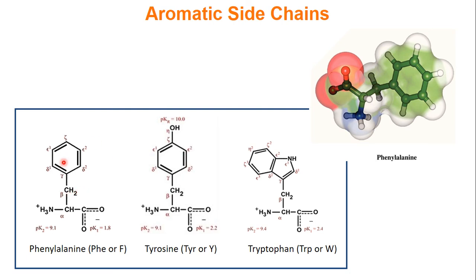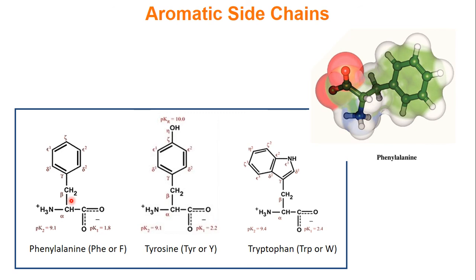We add a phenyl group to alanine, we get phenylalanine. And our one-letter code of F is because of how we pronounce phenylalanine. You really stress the F in phenylalanine. That's why it gets the one-letter code F.